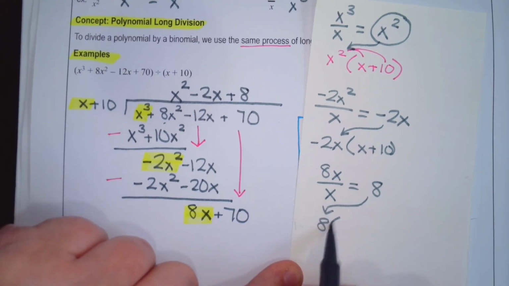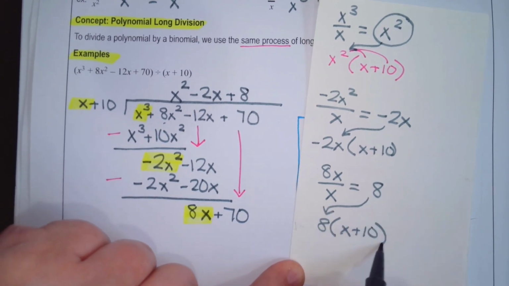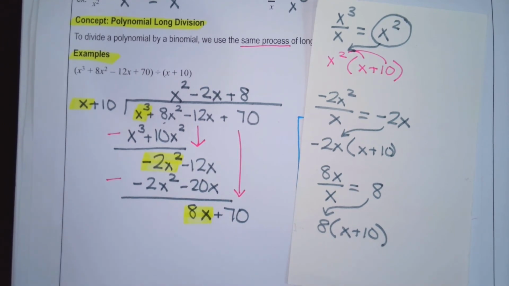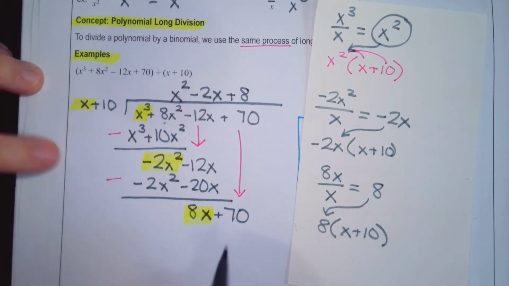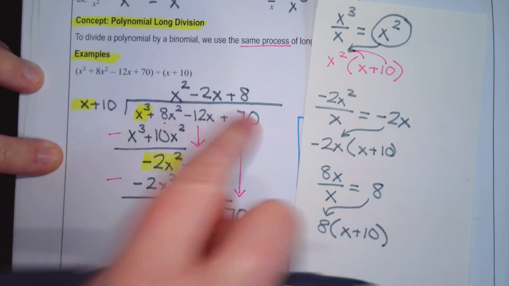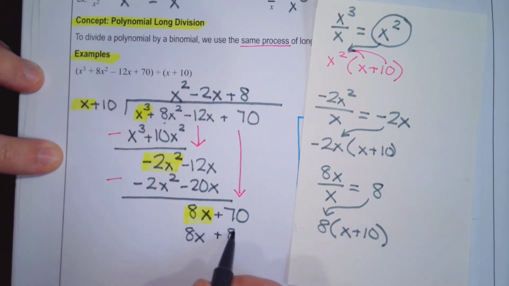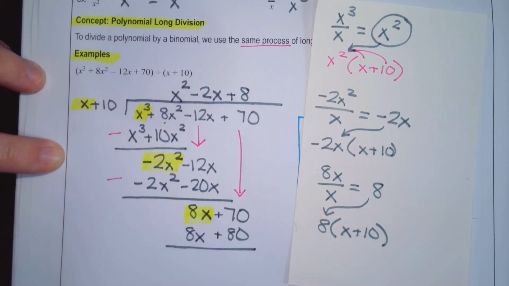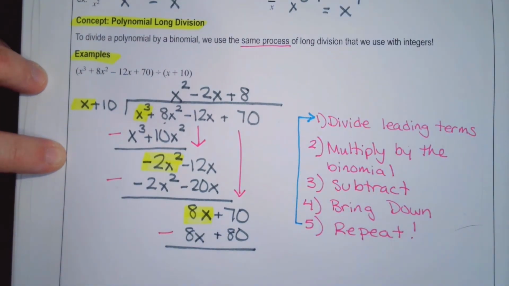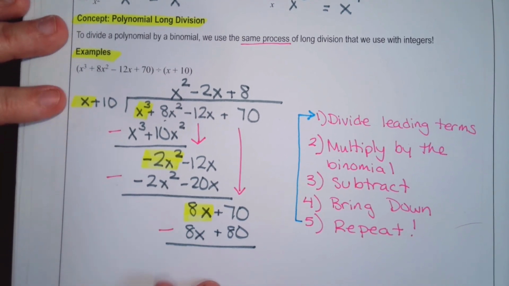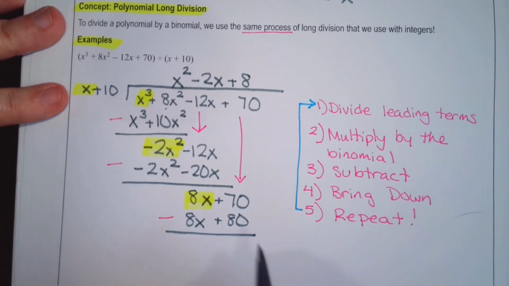And then we multiply that by x plus 10. 8 times x is 8x. 8 times 10 is 80. And once again, we subtract. 8x minus 8x is 0. 70 minus 80 is negative 10.